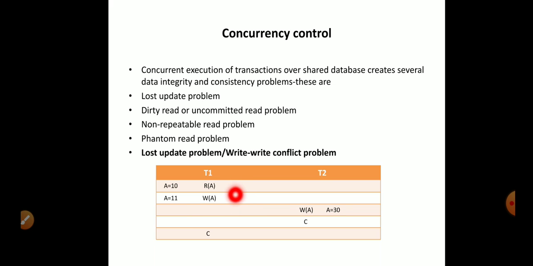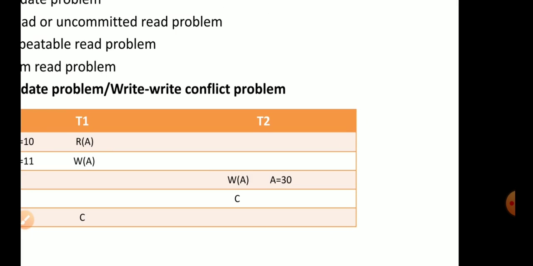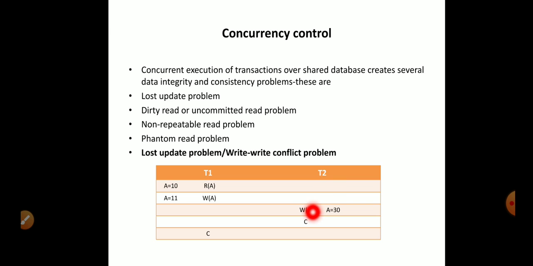Only once the transaction has committed are all the changes updated to the database. So here the value of A is stored only in the local buffer. At the same time, transaction T2, without reading the data value A, writes the value of A as A equal to 30, and then it commits. That is, it changes the value of A to 30, and it is permanently stored in the database.